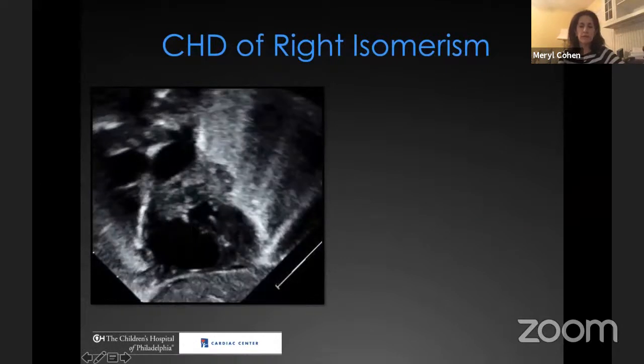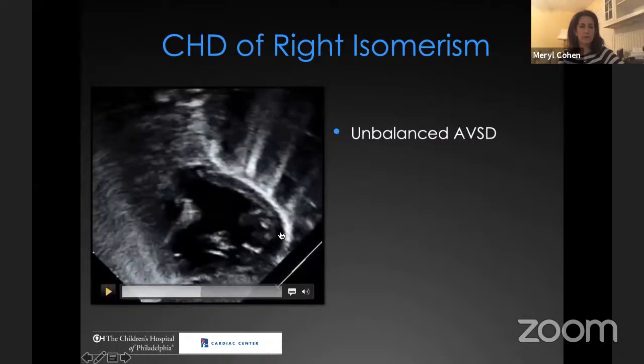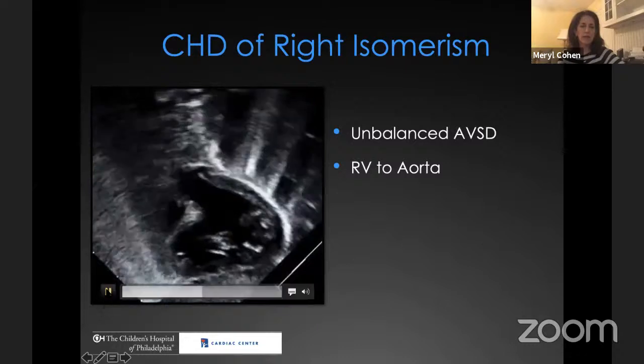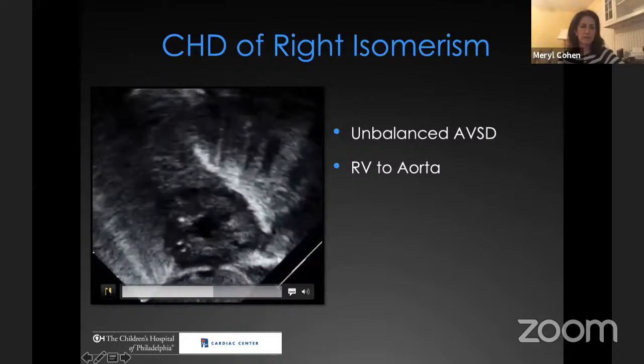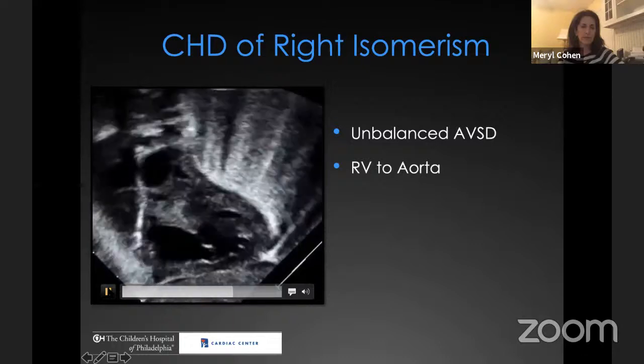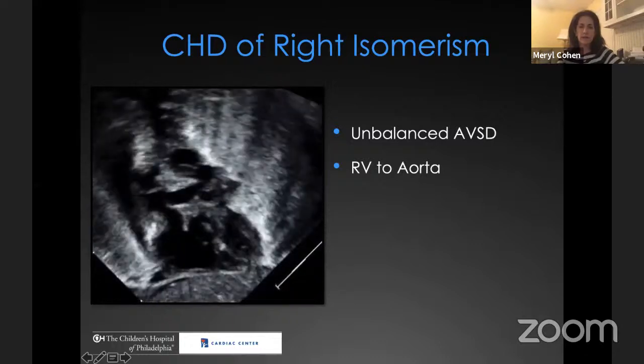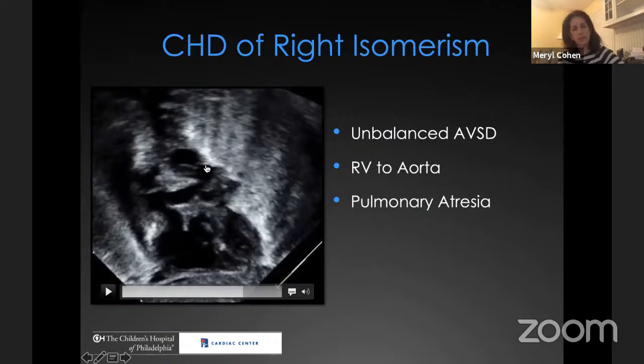So if we stop this image, we'll see that we have an unbalanced AV septal defect, in which you see a common AV valve here. You'll see that the aorta arises from the right ventricle right there. Now you'll see that there's pulmonary atresia. Here's the ductus arteriosus giving rise to the pulmonary arteries.